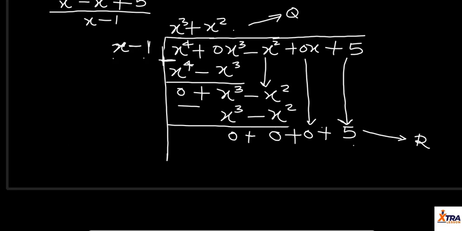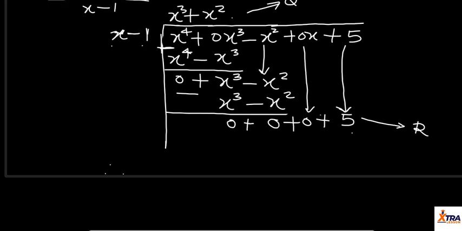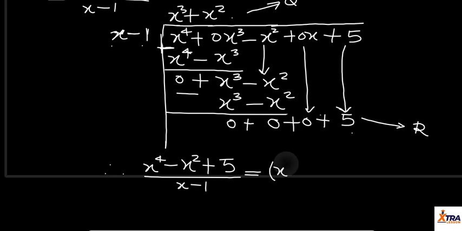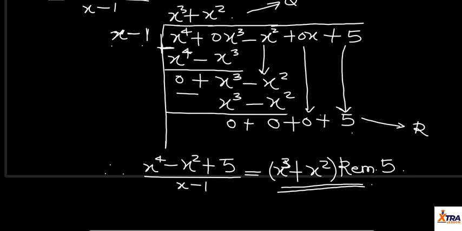So I can say therefore my x raised to the power 4 minus x squared plus 5 divided by x minus 1 gives me x cubed plus x squared, remainder 5. So that is my answer here, my final answer here.